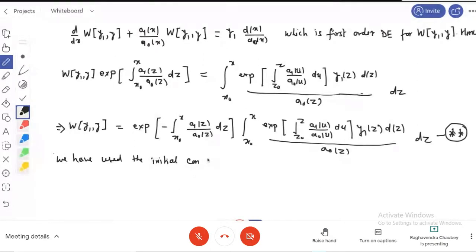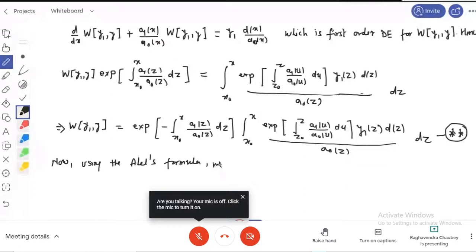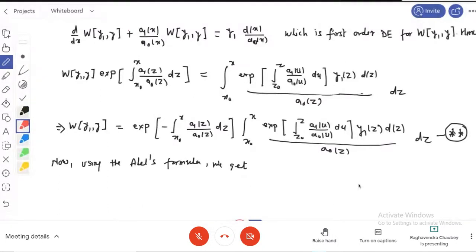Now we can write directly, using Abel's formula, because you know that formula. What is Abel's formula? Here we can rewrite Abel's formula for that case.